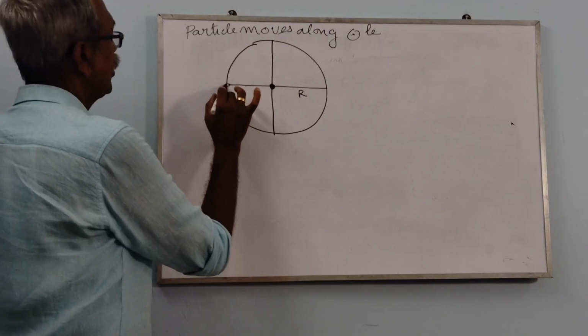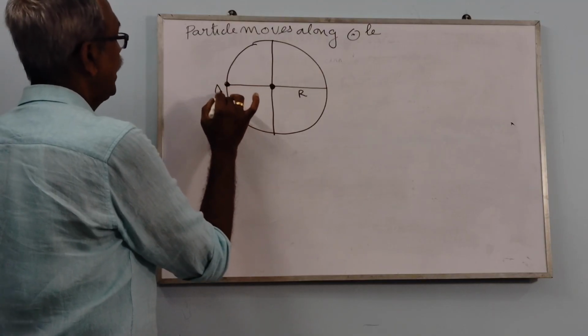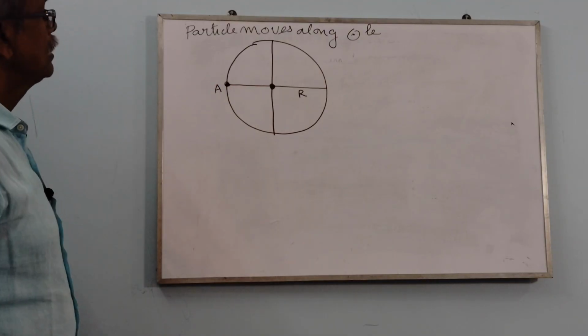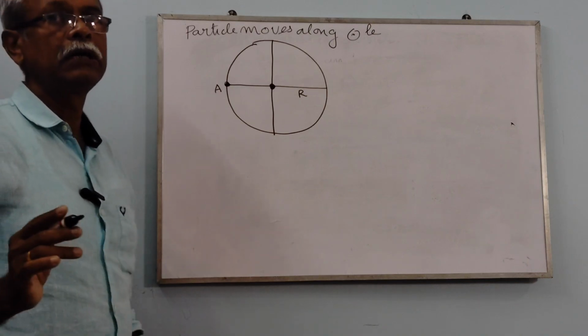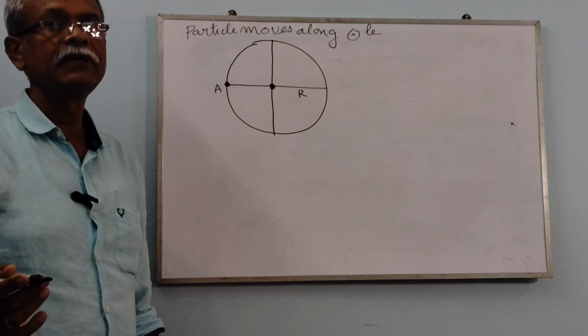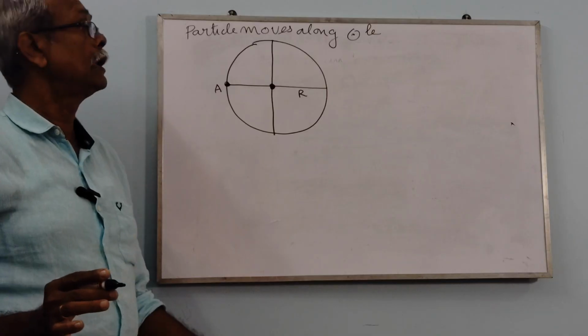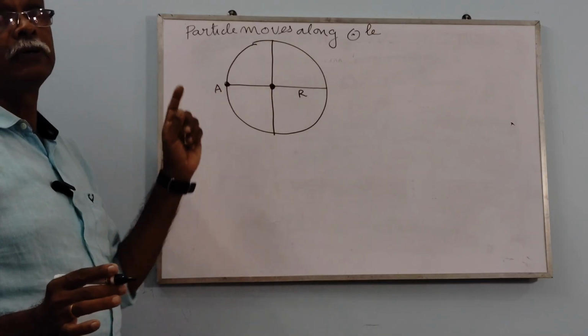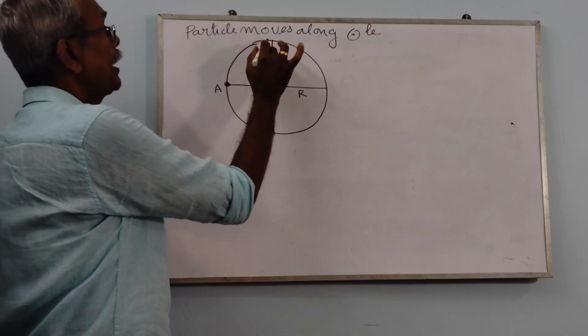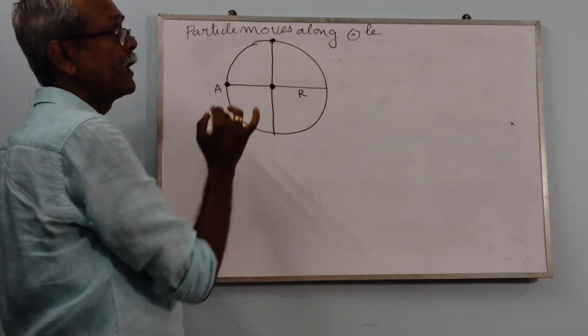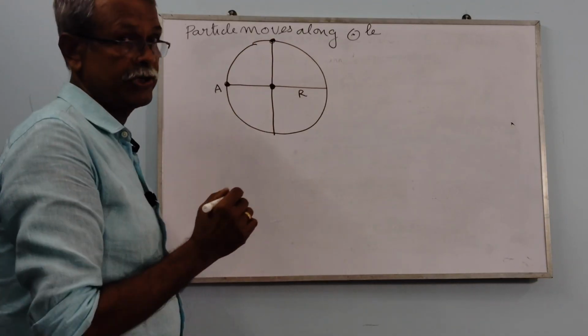This is the starting point. It starts from A, and you are asked to calculate the distance and displacement for the cases of a quarter rotation, that is, the particle reaches here. That we will work out first.